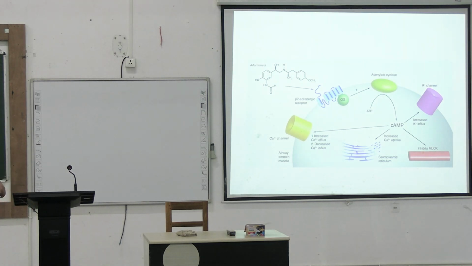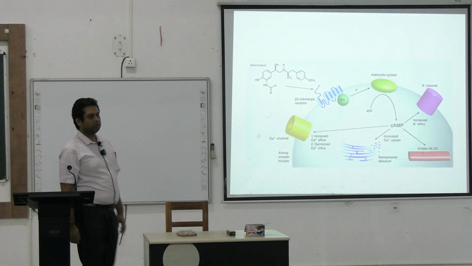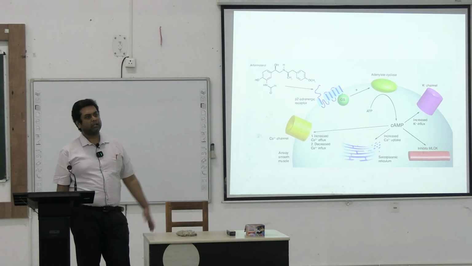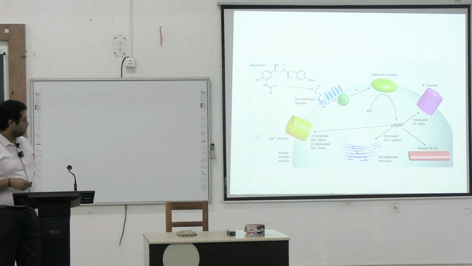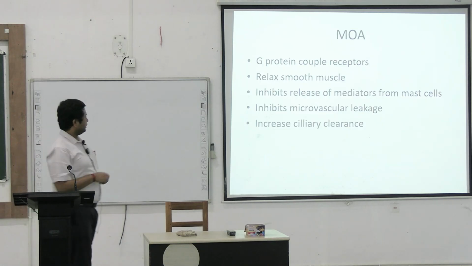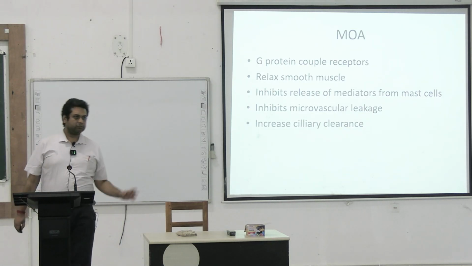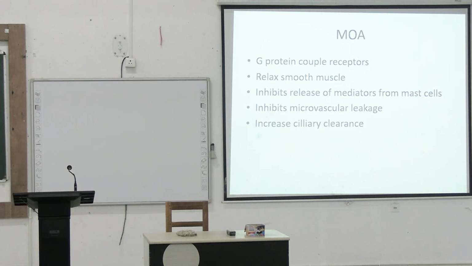So why should that potassium level be maintained? What is the danger of hyper or hypokalemia? Arrhythmia. ঠিক আছে, so তাহলে কি হবে? G coupled receptor, relaxation of smooth muscle, here bronchial smooth muscle.